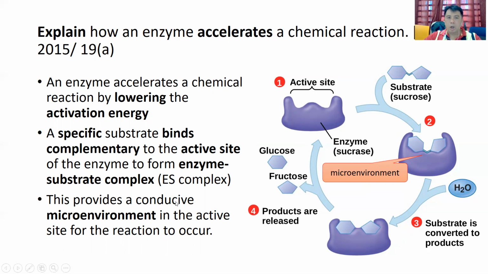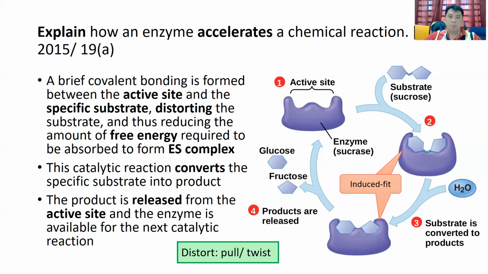This provides a conducive microenvironment in the active site for the reactions to occur. Just like in the previous question, if you want to apply this sentence also, no problem. So what happens in the microenvironment? Same as we discussed just now, the interactions or the catalysis occur.